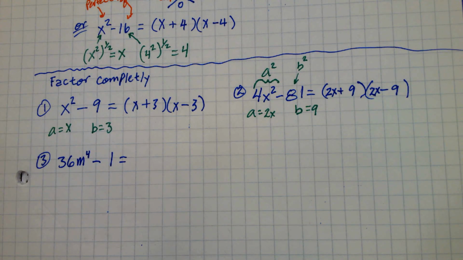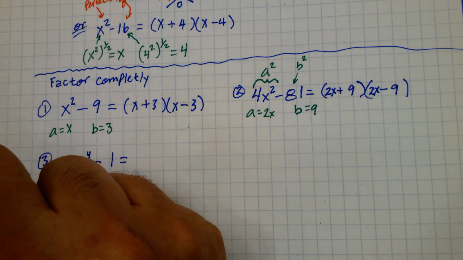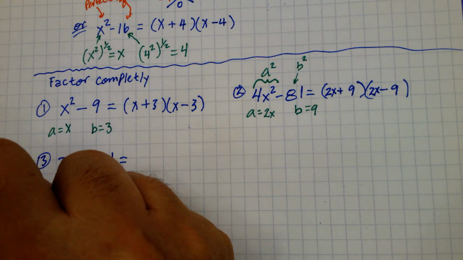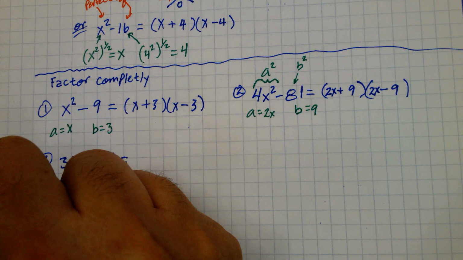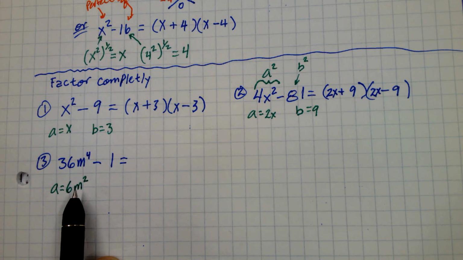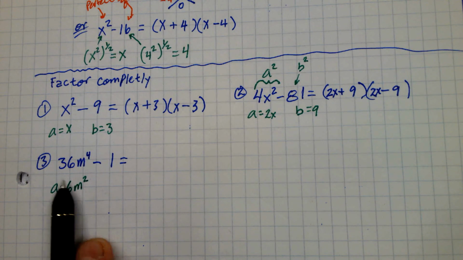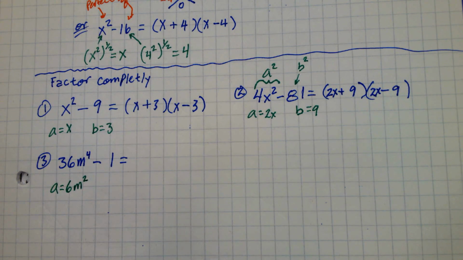If you take m squared and you square it, you get m to the 4th. So over here, our a value is 6m squared, because if I square this, I would get 36m to the 4th.